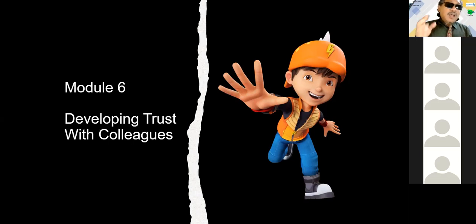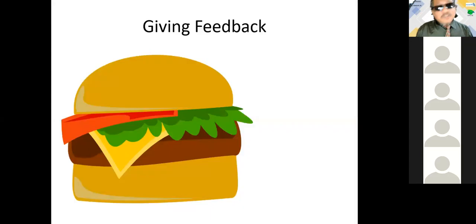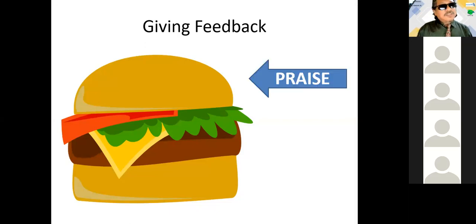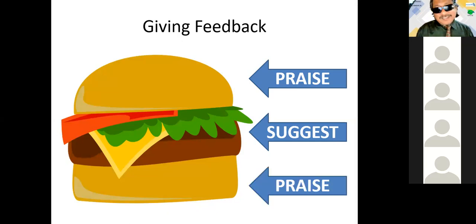So how to improve this? By using the burger technique when you are giving feedback. What is the burger technique? You start with the praise, then you give your suggestion, and you praise again. So praise, suggest, and praise.